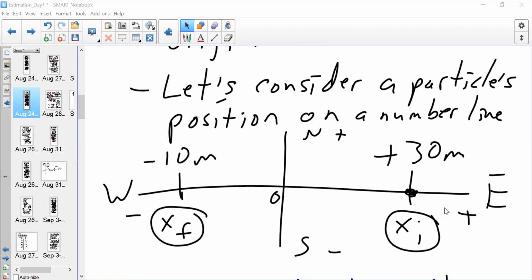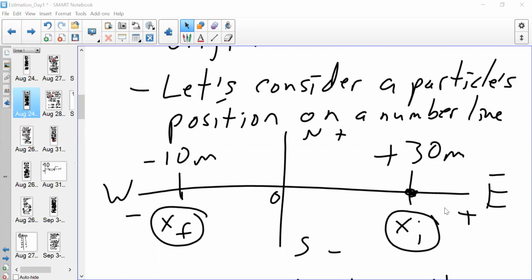On the number line, the positive part is the easterly direction, noted as E, and the left-hand side of the number line is west, noted as W. So when you're traveling towards the east, you are going in a positive direction. When you're traveling towards the west, you're going in a westerly or negative direction.